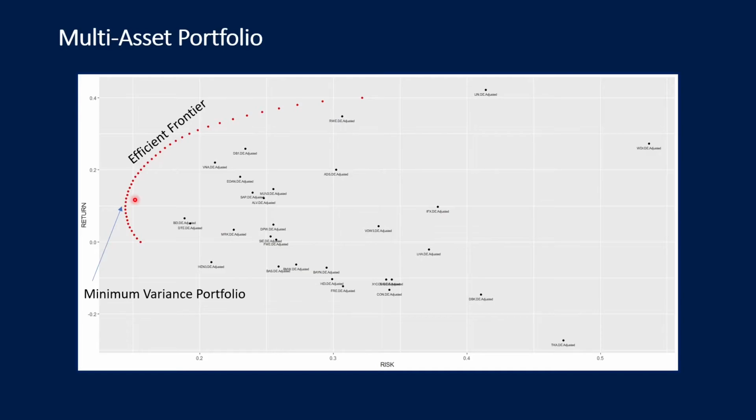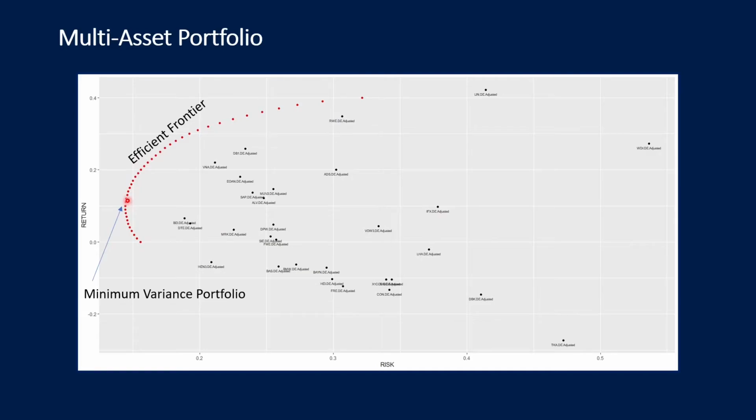Everything above the minimum variance portfolio, so this part of the X-shaped curve, is called the efficient frontier. The part below the minimum variance portfolio is not part of the efficient frontier, it's just part of mathematical calculus here. Why is this part the efficient frontier?